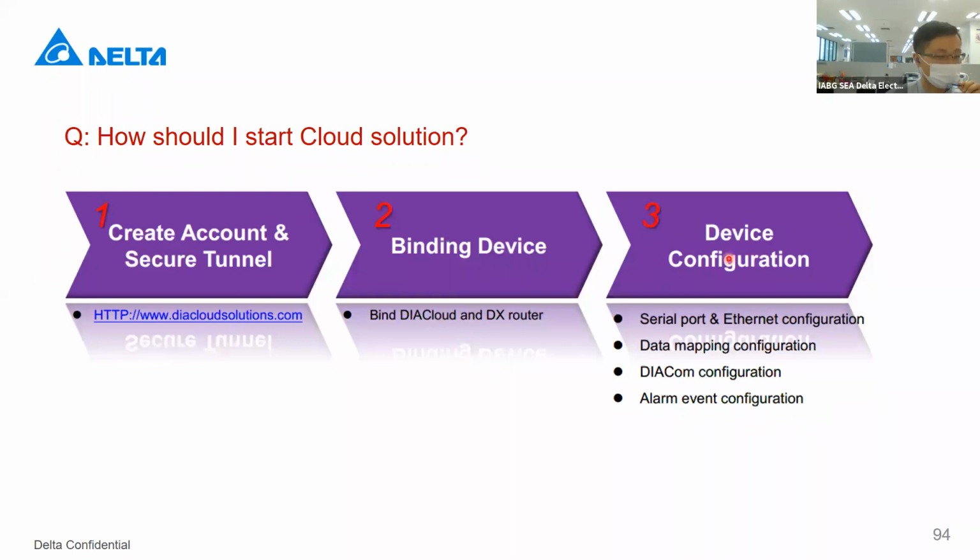Second, do the device configurations, link with your machines, link with your system, and then everything is finished. Also, you can design the UI from the mobile phones if you want remote access. We also support customized UI design on your mobile phone.